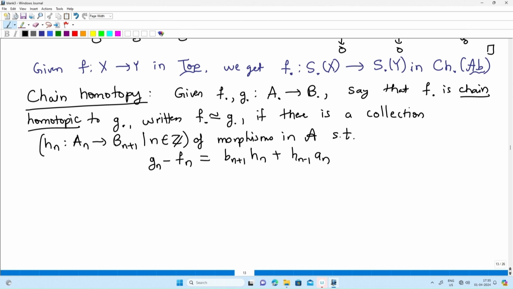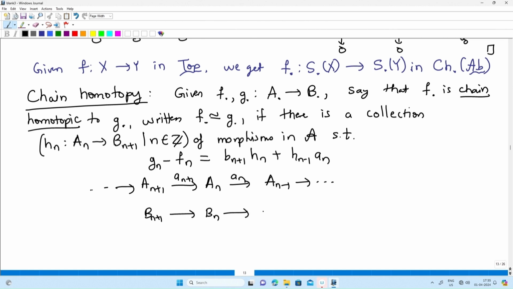Now I have to show you what these things are. So here we have An, An minus 1, An plus 1 and so on. This map is An plus 1, this map is An, dot dot dot. This is Bn plus 1, this is Bn, this is Bn minus 1 and so on.